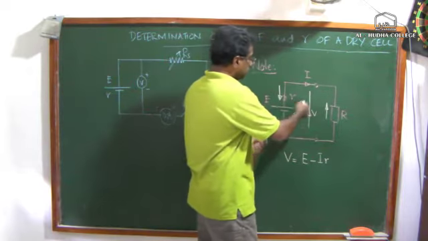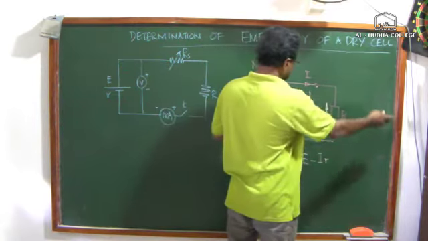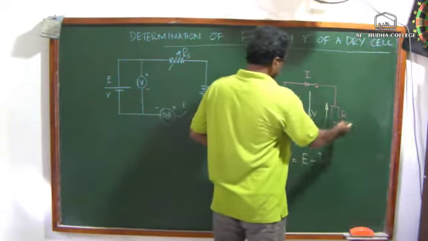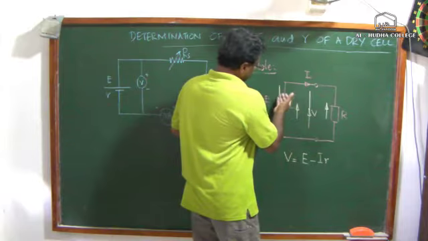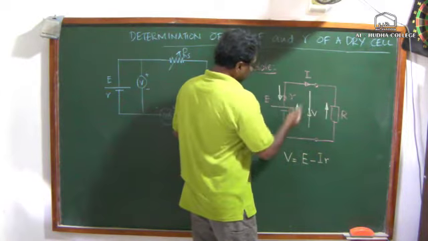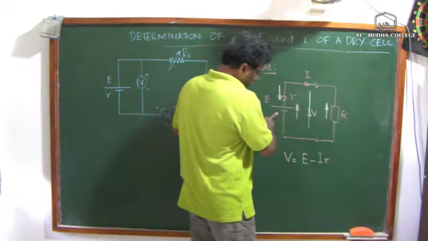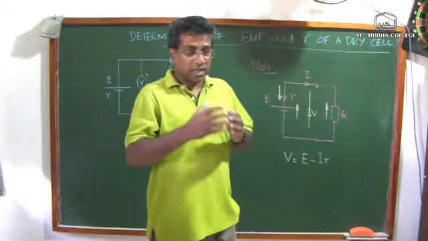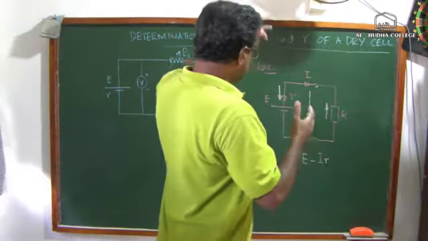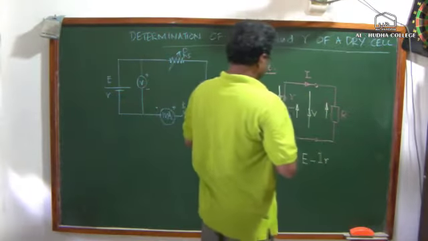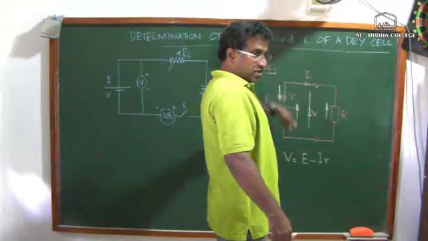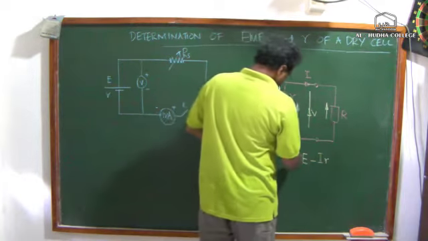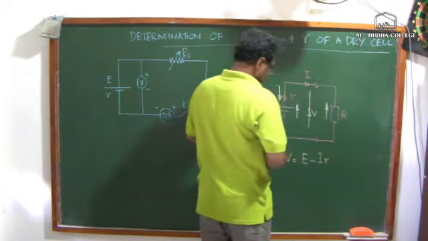Discharging means current is drawn from the battery. When current is drawn, there will be a voltage drop across the internal resistance that opposes the EMF. The terminal voltage is the voltage that appears across the terminals of a battery. The internal resistance is internal to the battery. Therefore the terminal voltage is equal to E minus IR.